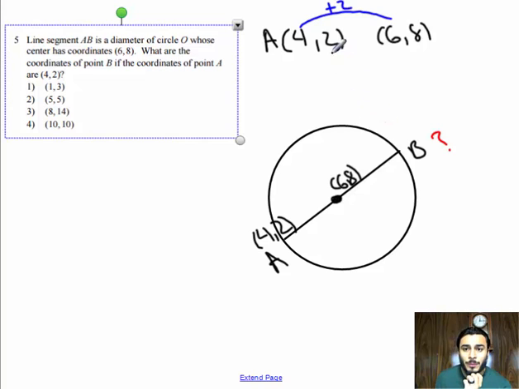And to go from 2 to 8, they added 6. So we will do the same thing to get the coordinates of point B. 6 plus 2 is 8, and 8 plus 6 is 14. So we get 8, 14. The answer to number 5 is choice 3.